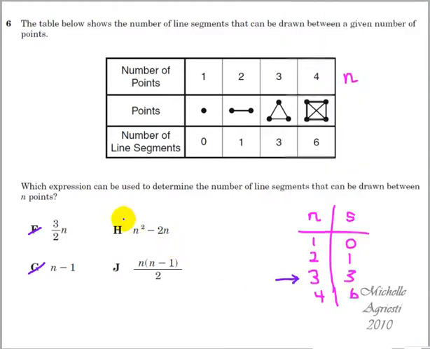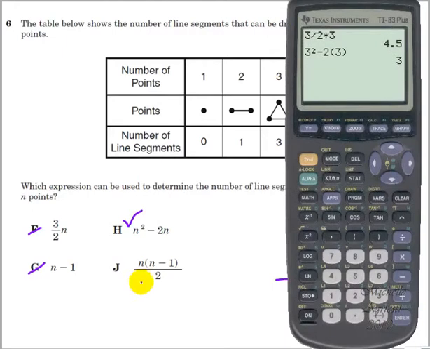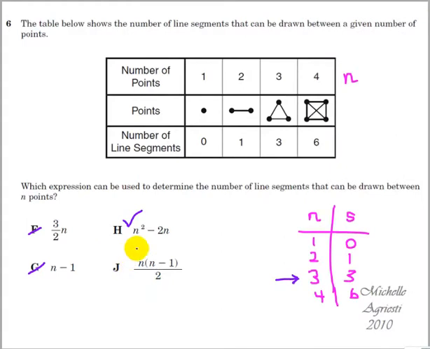And that one works. And let's try this last one. 3 times 3 minus 1, and divide that by 2. Okay, and this one works.